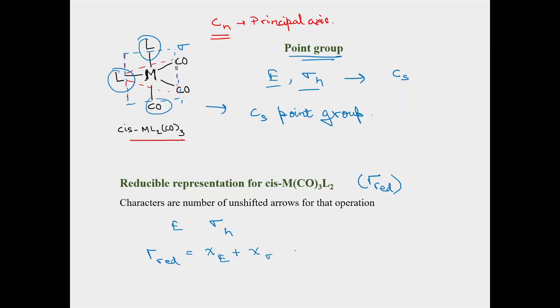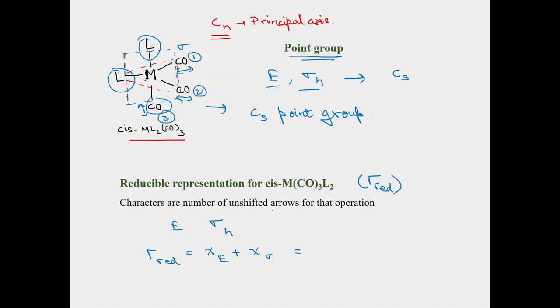How can we understand the character of a given operation? One simple way is this: here there are three COs, right? Let us make three arrows for these three COs, and number them as 1, 2, and 3.